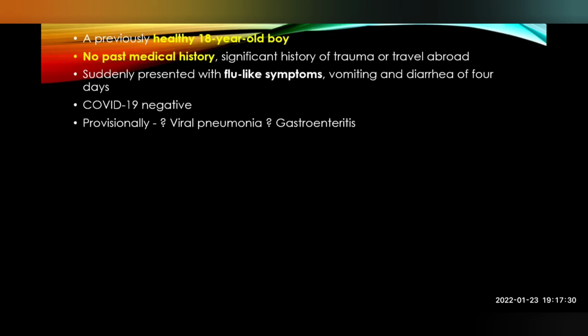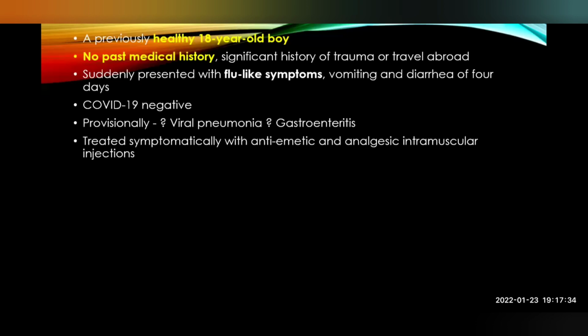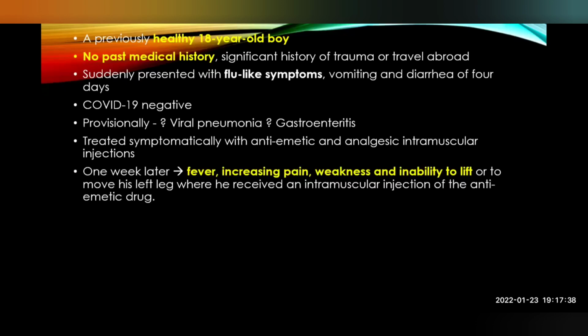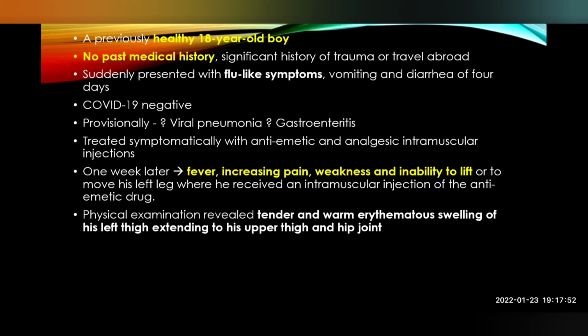He was treated as provisionally query viral pneumonia, query gastroenteritis, and he was treated symptomatically with antiemetic and analgesic. And next, 1 week later, he presented with fever, increasing pain, weakness, and inability to lift or move his left leg, the site where he had received the injection.